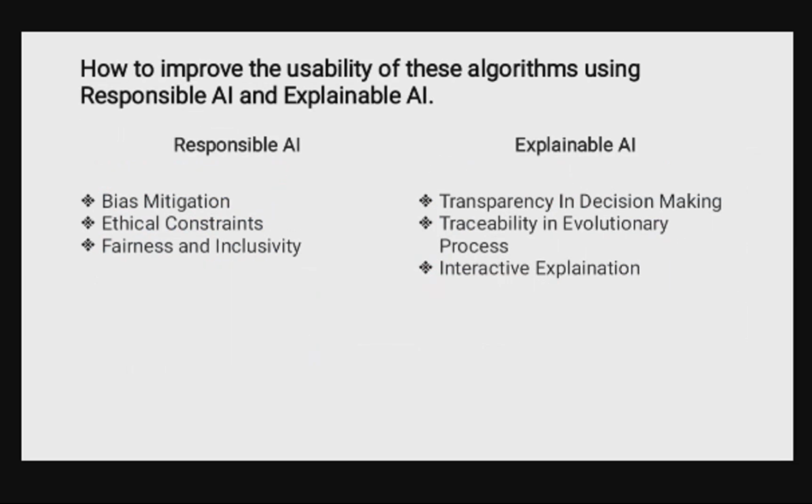Then the next one shows how to improve the usability of these algorithms using responsible and explainable AI. Responsible AI is where the model is able to think on its own, and it's responsible for its actions, so it has to be keen.